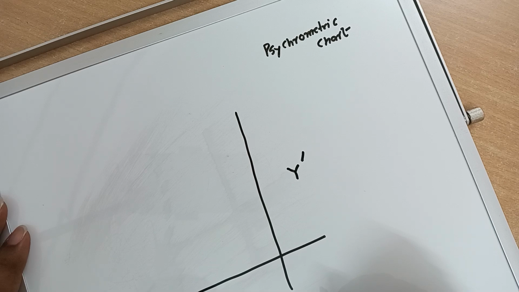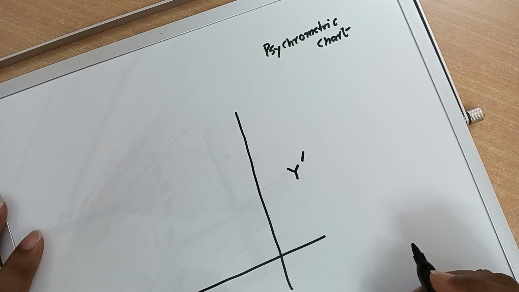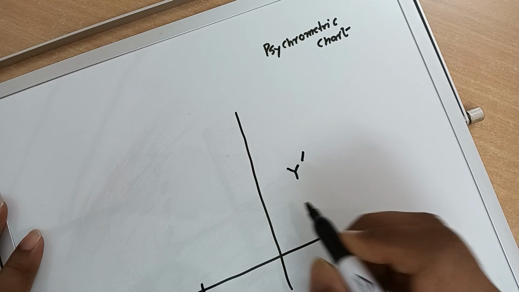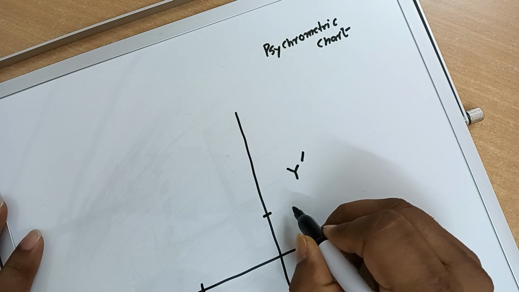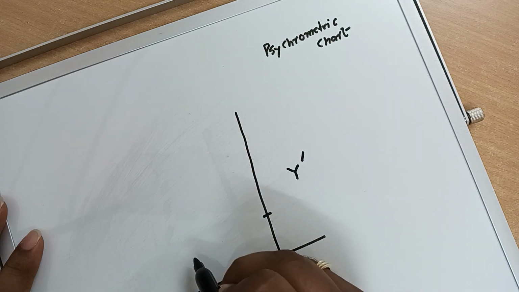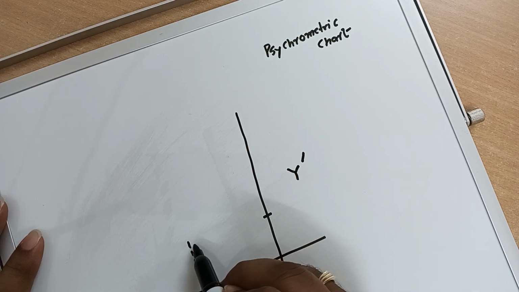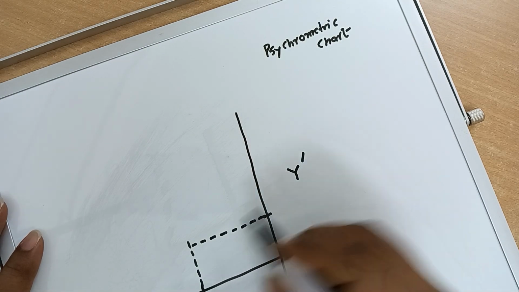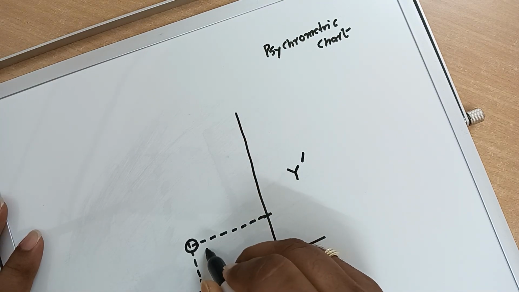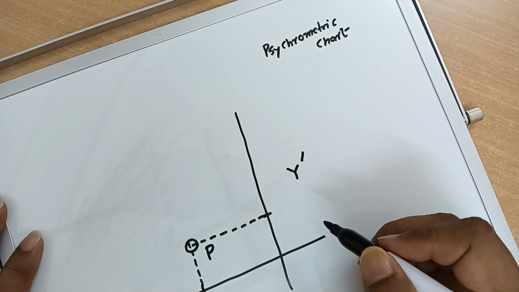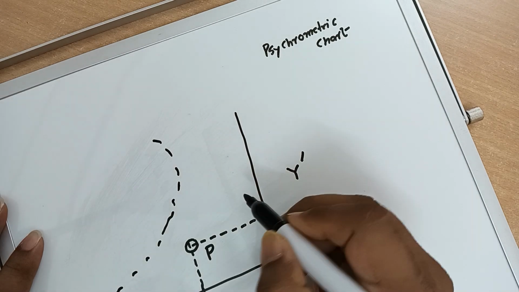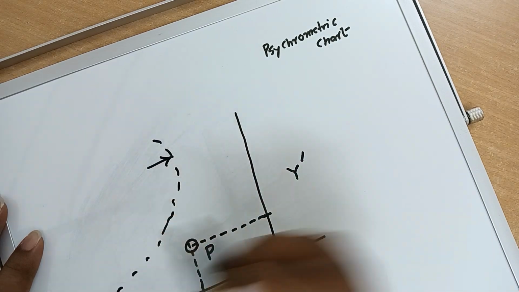The first thing you have to do is that the initial air condition is given. So suppose this is the dry bulb temperature of air, and the corresponding absolute humidity value is provided. You draw a vertical line from the dry bulb temperature and a horizontal line from the corresponding humidity, and find the point of intersection P. Within the psychrometric chart the percentage saturation curves are given.